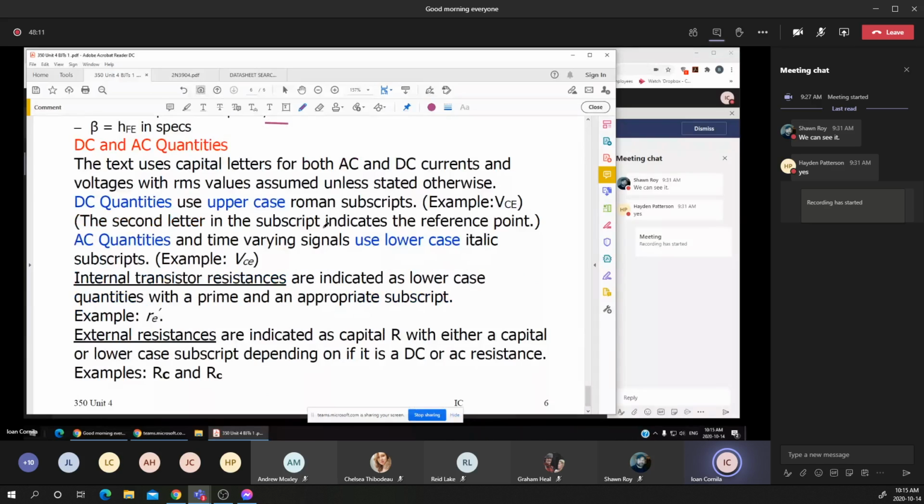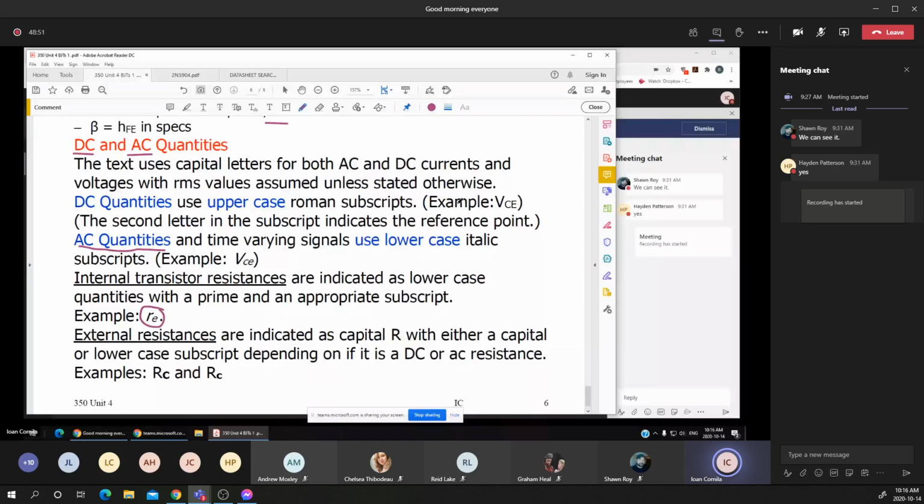Now, in order to make the distinction between DC and AC quantities, remember we discussed in ELE105 and 205 that all the AC quantities are given with a lower subscript. Remember that we may see the RE. You notice that R is lowercase and E is lowercase, which means that the resistances for the AC quantities are labeled with lowercase for the AC analysis.